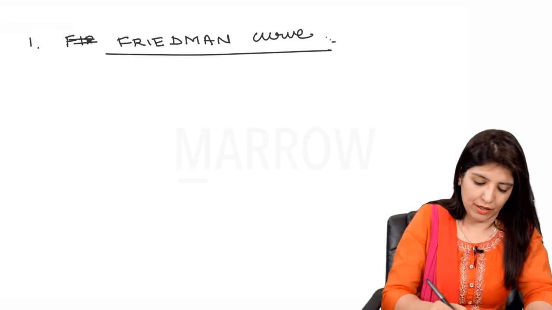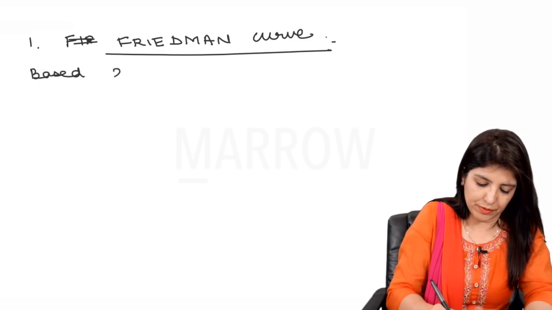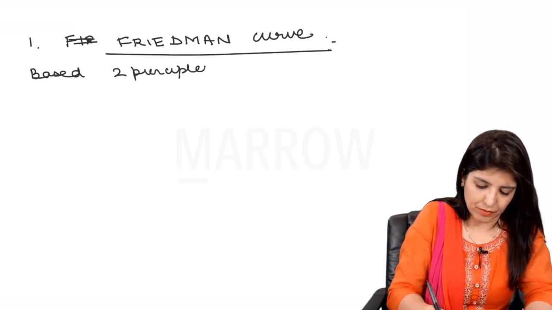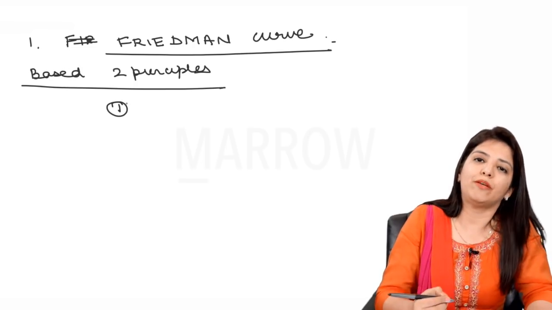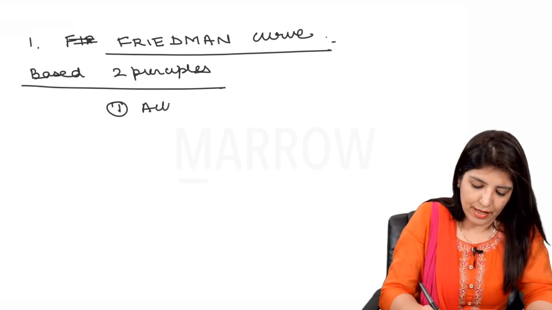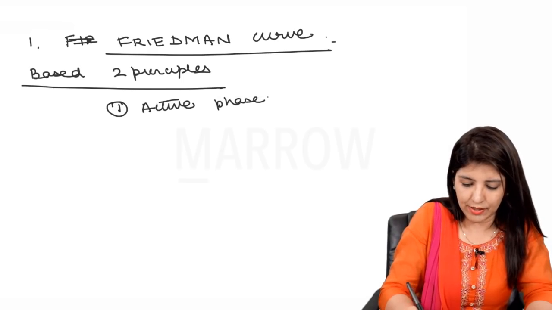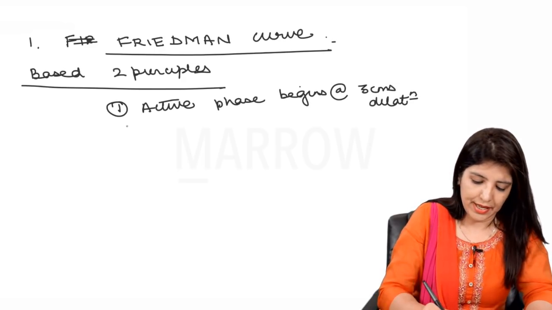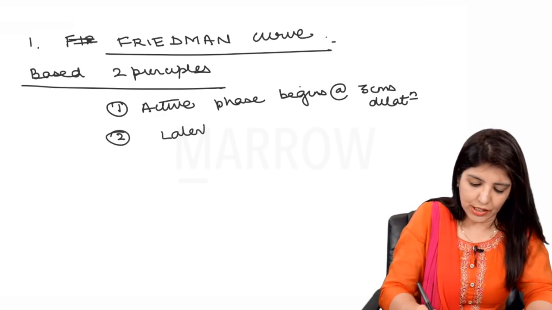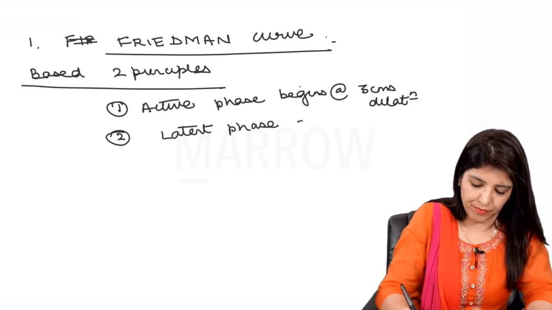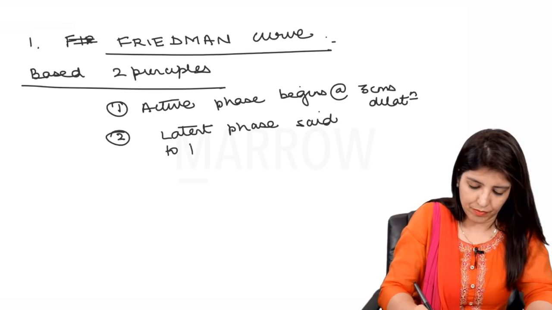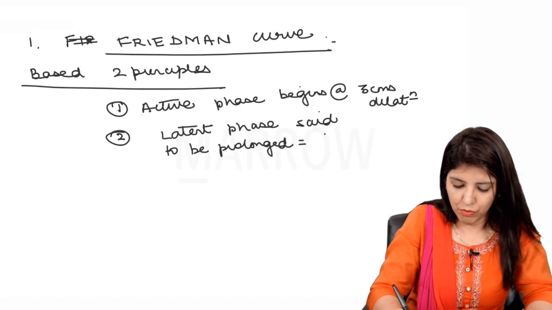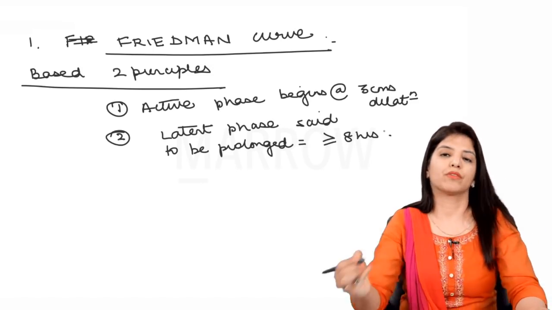Now, this Freedman curve is based on two principles. Number one, when Freedman curve was given, at that time, active phase began at 3 centimeters dilatation, right? And number two, latent phase was said to be prolonged if it was more than or equal to 8 hours, right?